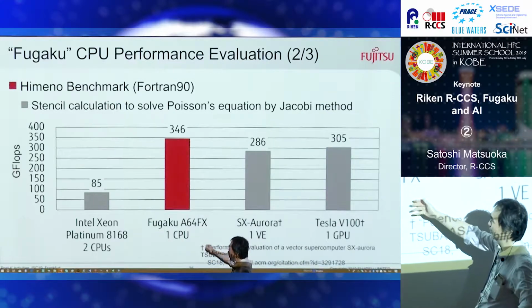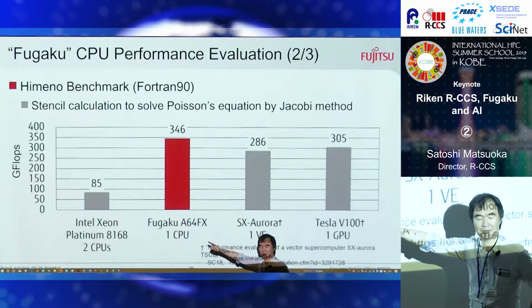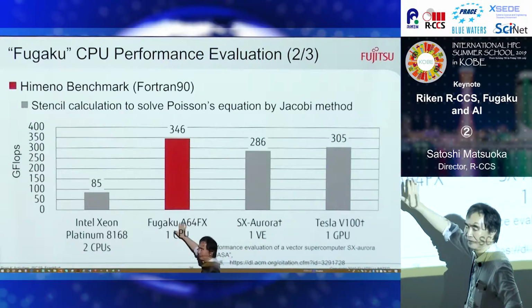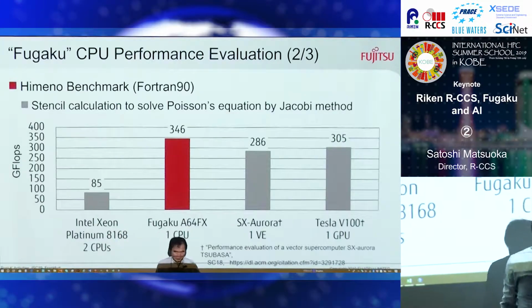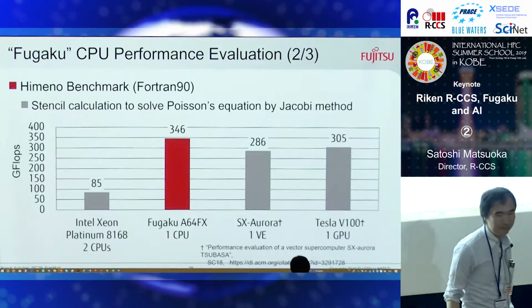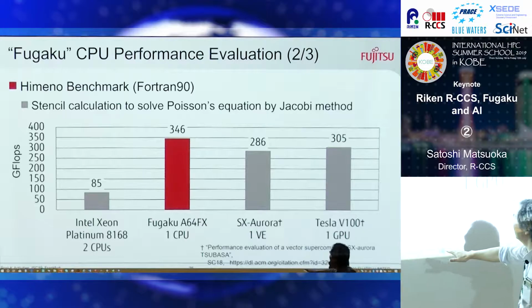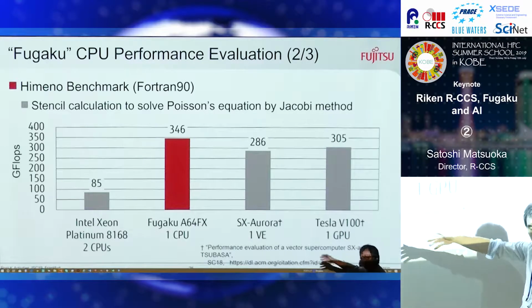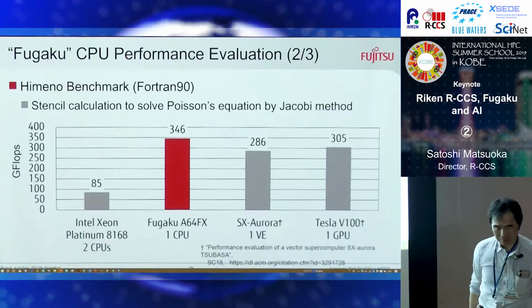And this is Fugaku's A64FX CPU. And you can see it's about 4 times faster because it has high memory bandwidth. And since this is 2 nodes on a per chip, the Fugaku is about 8 times faster. And in fact, Fugaku is faster compared to the SX Aurora, which is NEC's vector chip, and also faster compared to the Tesla V100.